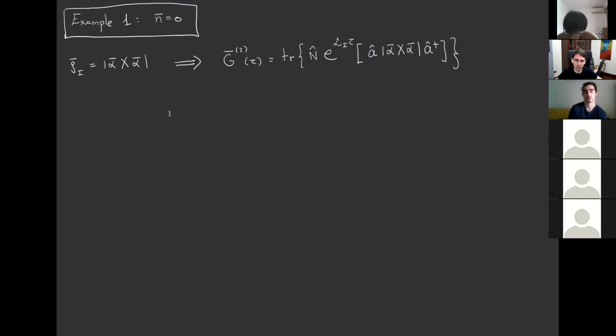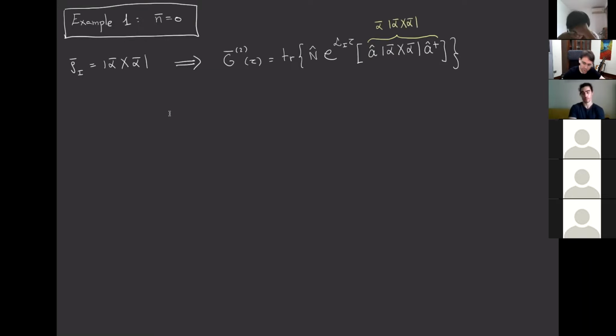And this is it. Now you see why we are using the Schrodinger picture, because look how easy this expression is in here. What happens with alpha? Alpha is an eigenstate of the annihilation operator, right? So in particular, when you have A acting on alpha, that's just equal to alpha. Then you leave the state invariant.